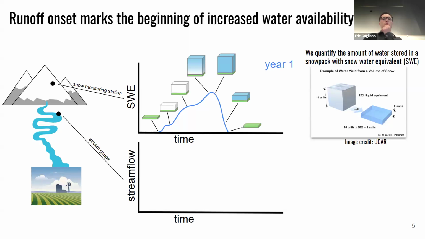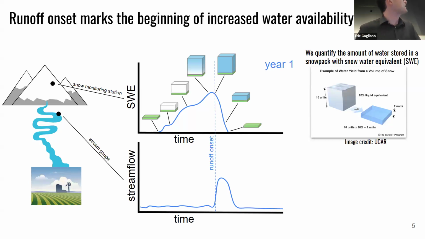Once the snowpack has warmed and fully ripened, as we call it, any additional energy into the snowpack will cause water to leave the snowpack. This point in particular is called runoff onset. That's when water starts leaving the snowpack and entering our streams. That's why it's a critical hydrologic parameter. And the dotted line there is runoff onset.